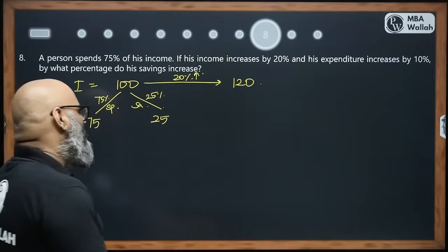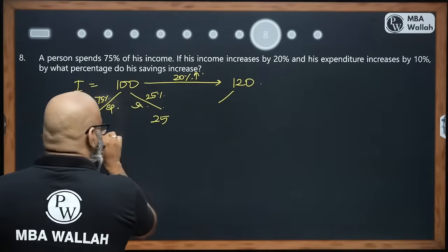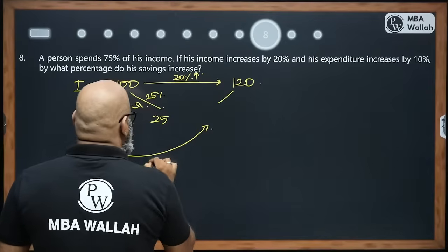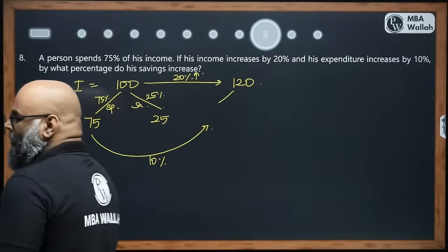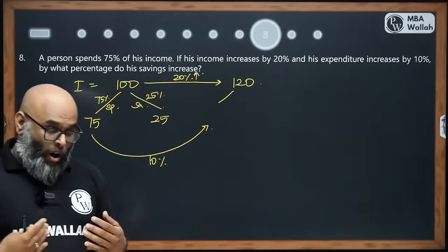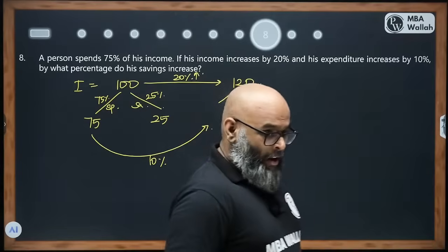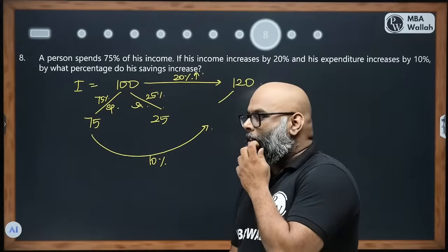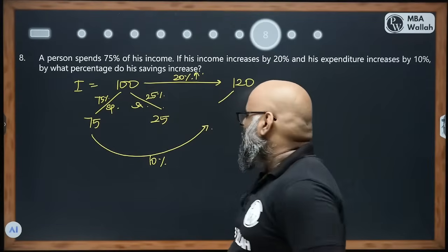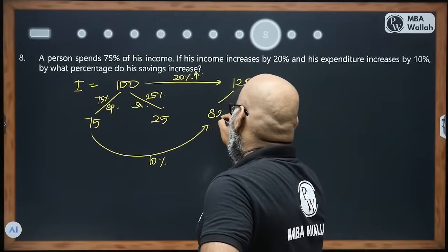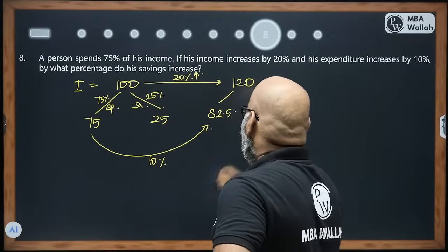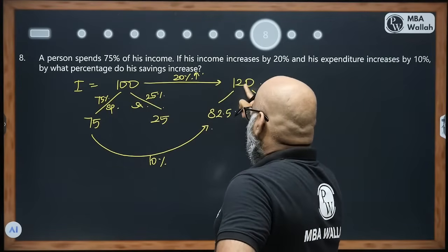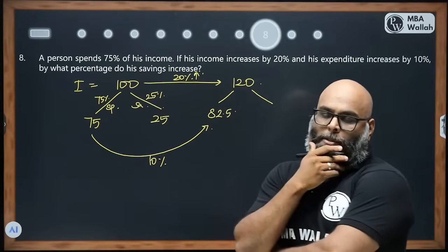So this value needs to increase by 10%. 10% of 75 is 7.5, so this will become 82.5. So out of 120, 82.5 rupees is spent.